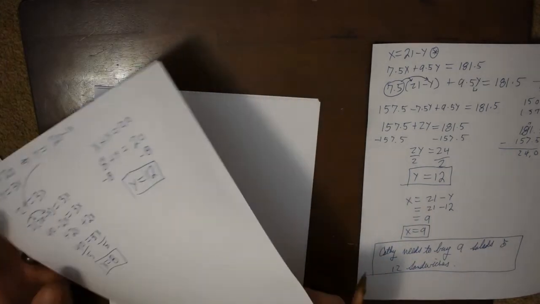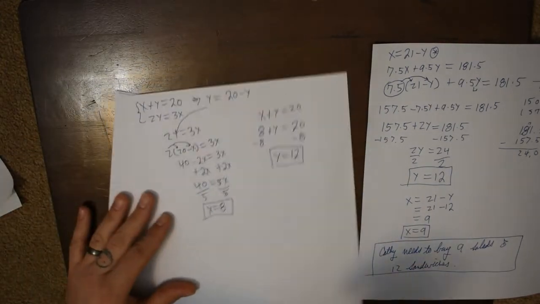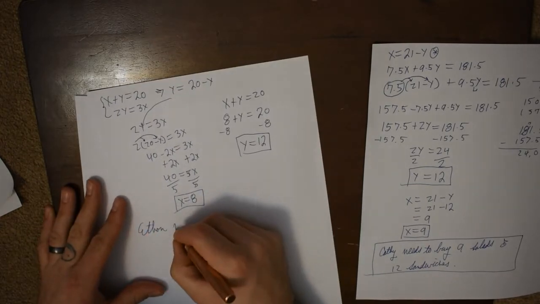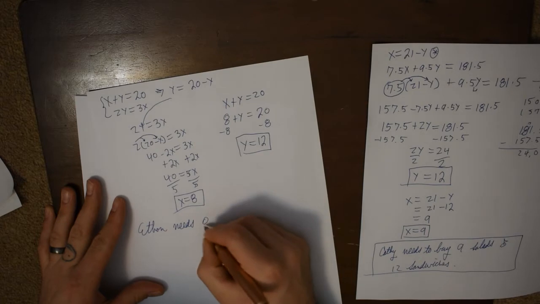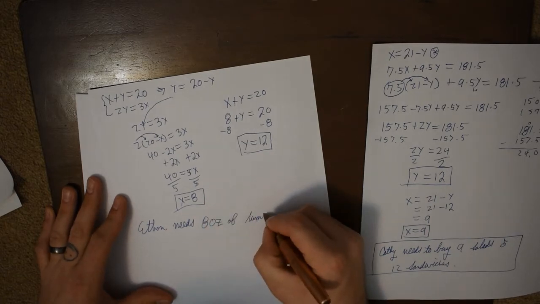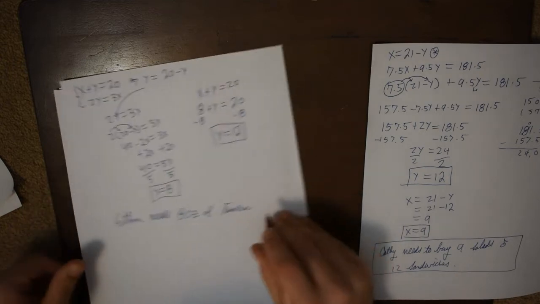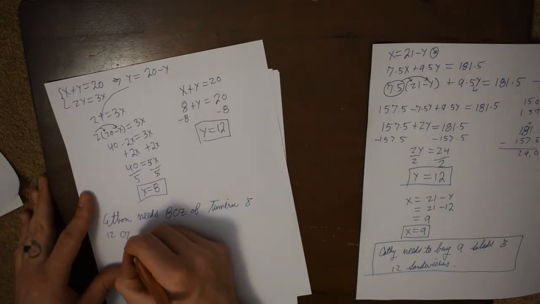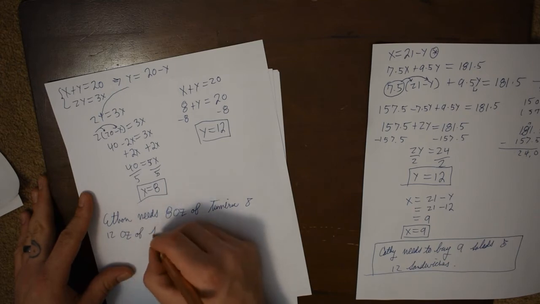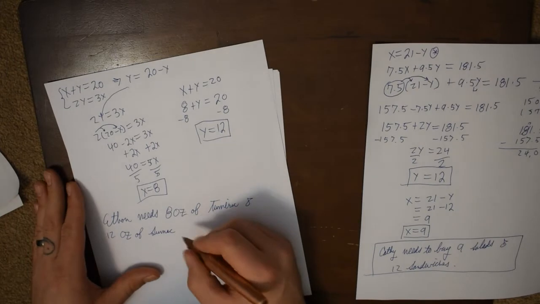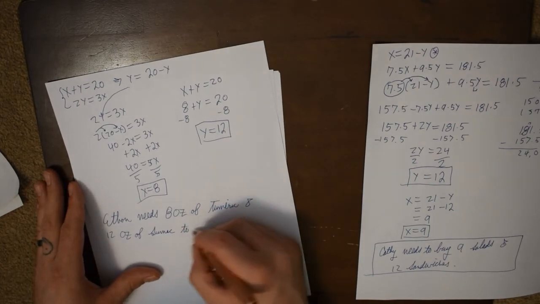So we got that Ethan needs 8 ounces of turmeric and 12 ounces of sumac to make the desired spice blend.